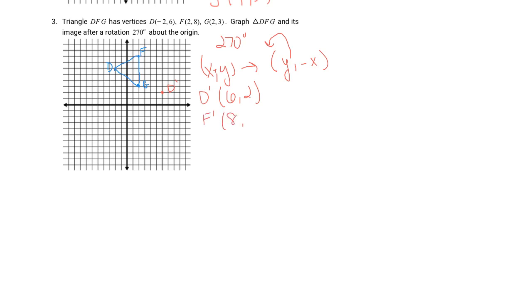It's going to go to 8, negative 2, and be F prime. G prime starts at 2, 3. It's now 3, negative 2. Connect the dots again. And we did it. We rotated it first down over here and then back up.